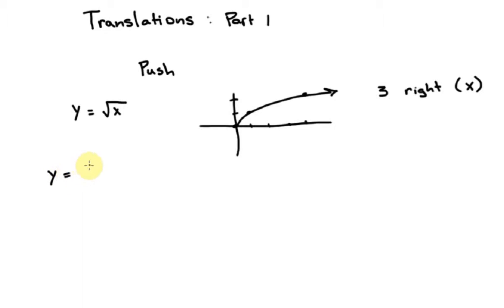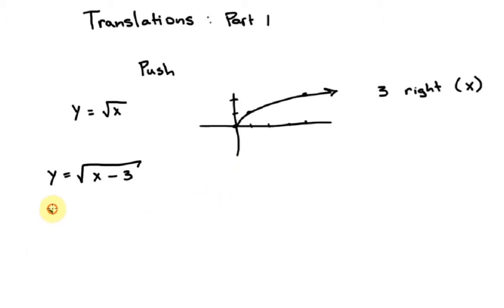Here's how you have to do this change. You locate in the function, so here's our function, it's the square root of x, you locate that x, and then you tack on either a plus 3 or a minus 3. Now I'm going to put in minus 3 because I know that's the answer, but I'm going to convince you that that's doing the right thing.